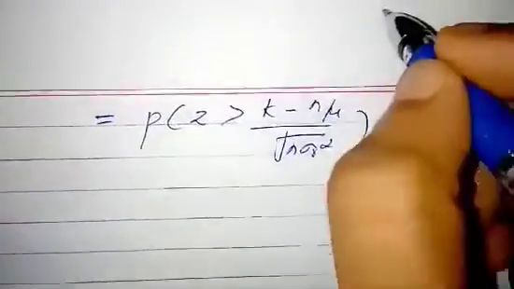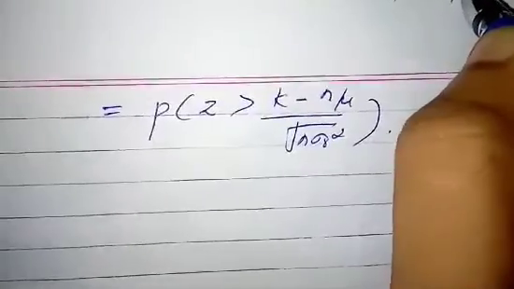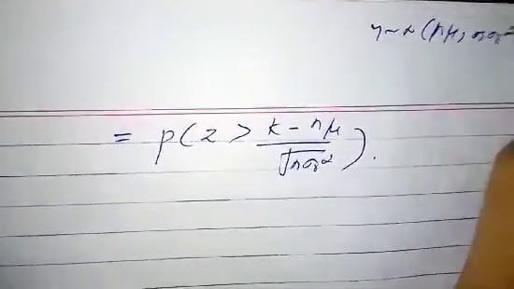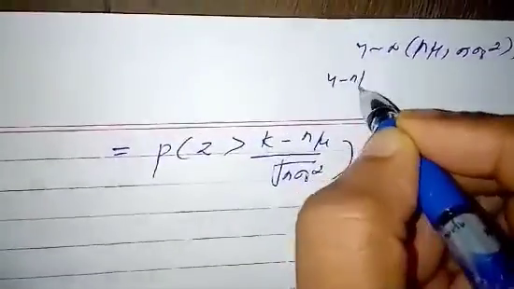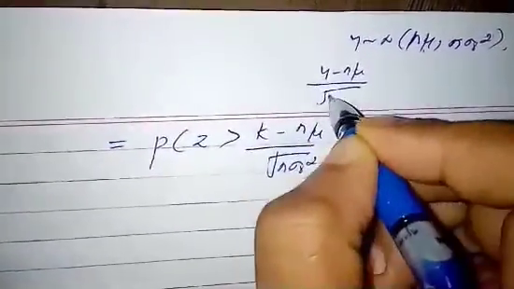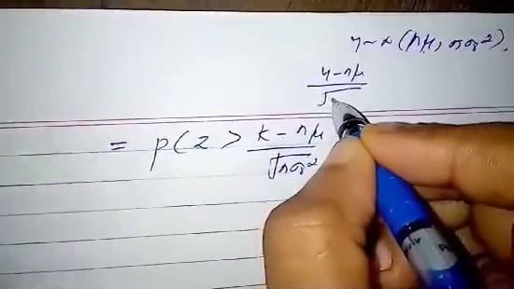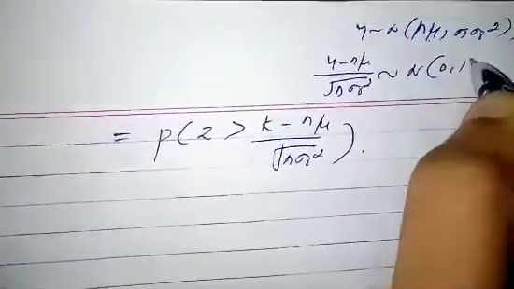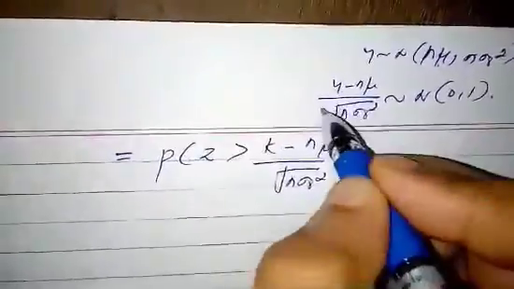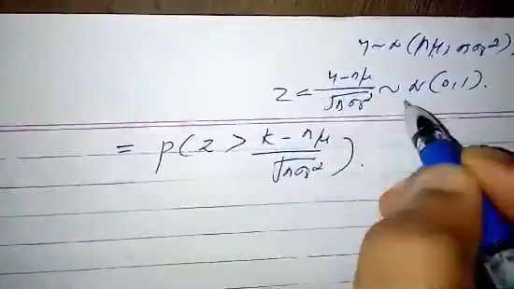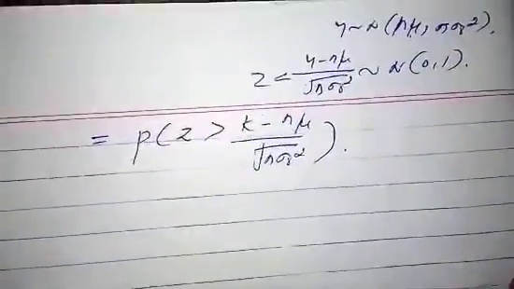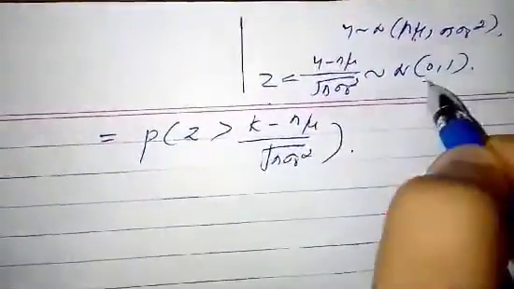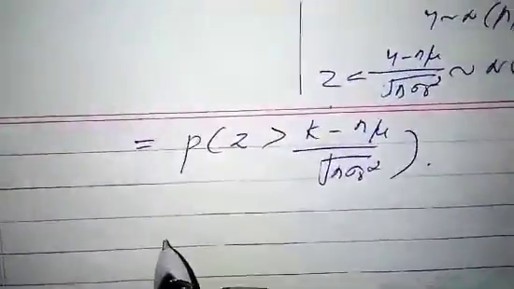Here y follows normal n mu, n sigma naught square, so y minus its mean divided by standard deviation follows normal 0 comma 1. Here z follows normal 0 comma 1, the standard normal distribution.